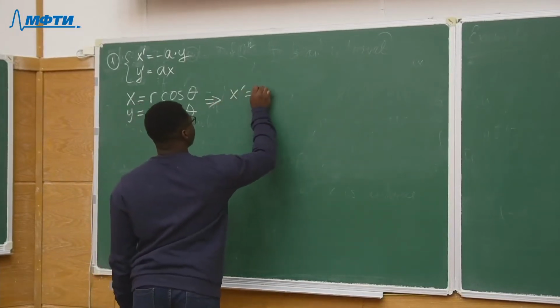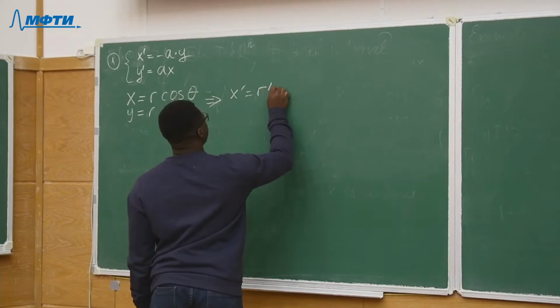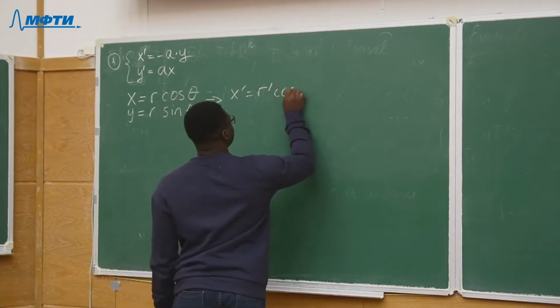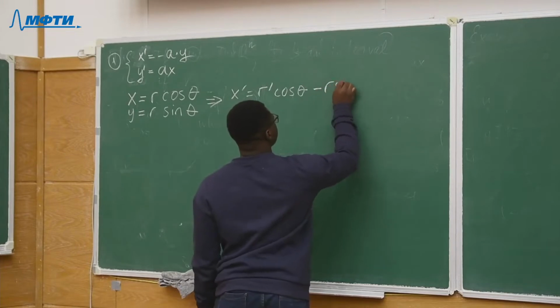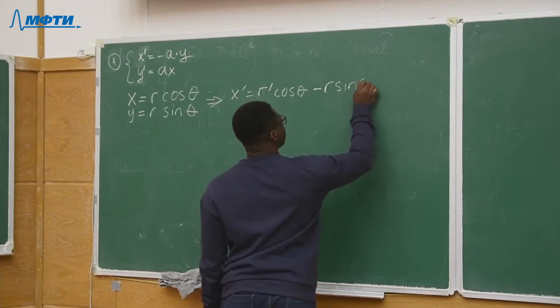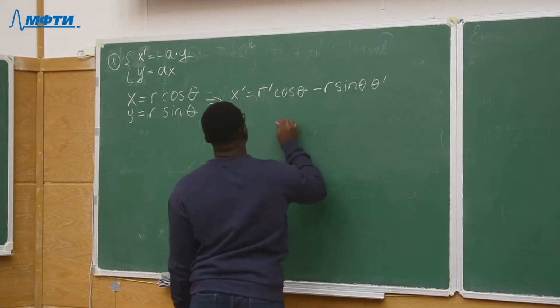x prime. We must differentiate the product, apply the product rule to differentiation of the product r cos theta.